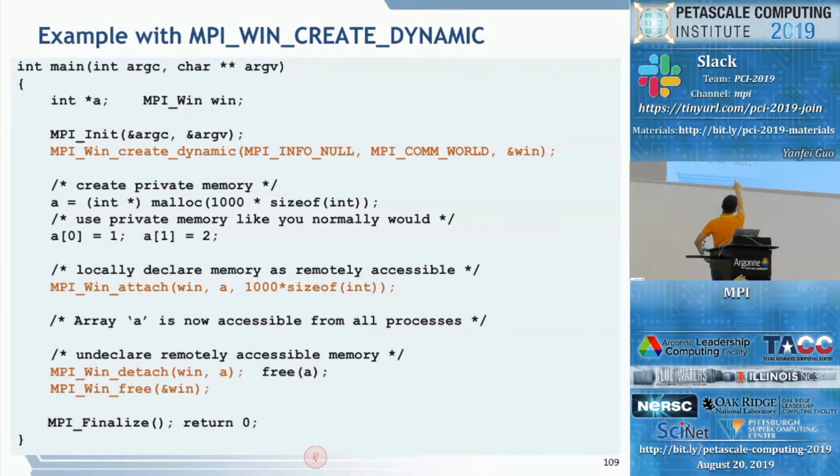But let's say after attaching this, I can do another malloc and get a new buffer, and I can attach that new buffer to it, and do read and write. And I can also detach this buffer A and do some local stuff maybe, and then reattach it. This is all the flexibility that WinCreate dynamic provides you.